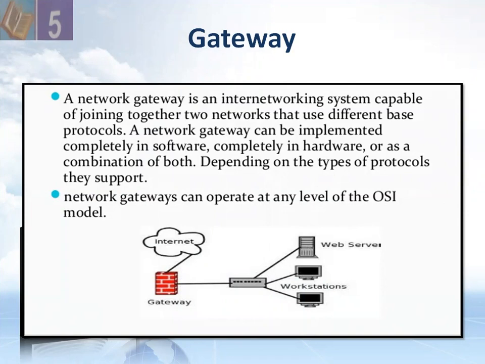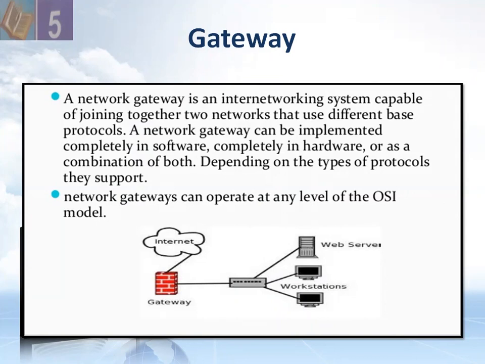A network gateway can operate at any level of the OSI layer. OSI basically is a 7-layer model, Open System Interconnection, which we will discuss in the coming lectures. A network gateway can operate at any level of the OSI layer, meaning that it can work on all layers. Basically, the purpose of a gateway is the conversion of protocols.